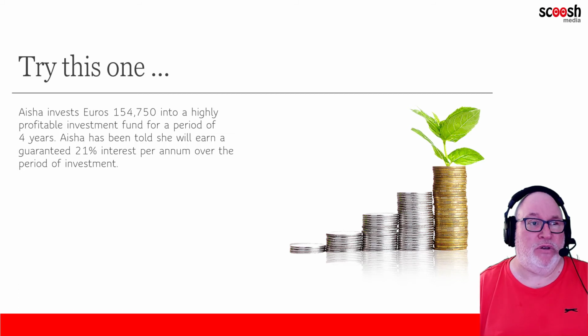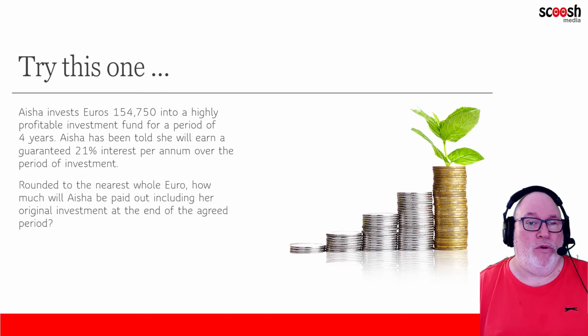So it's 21% every year for 4 years. Round it off to the nearest whole euro and tell me how much money Aisha would have at the end of the period. Pause the video and give it a wee try.